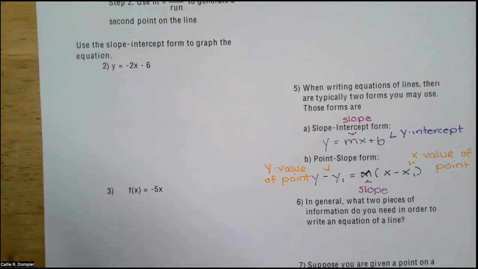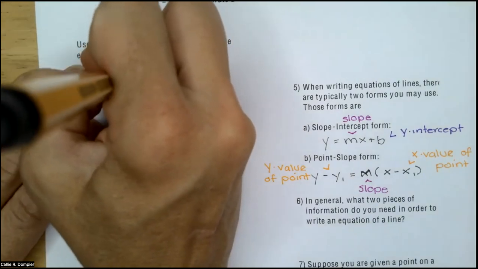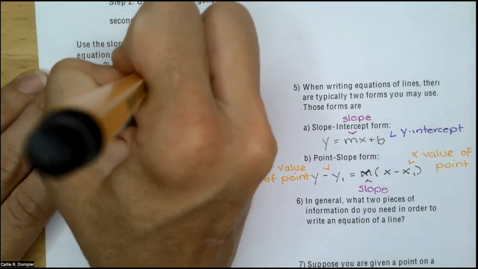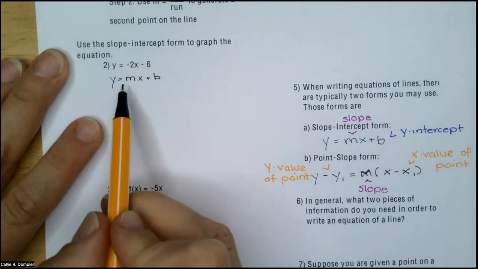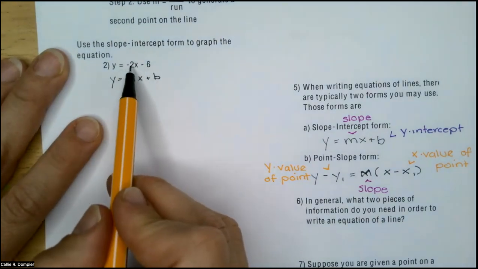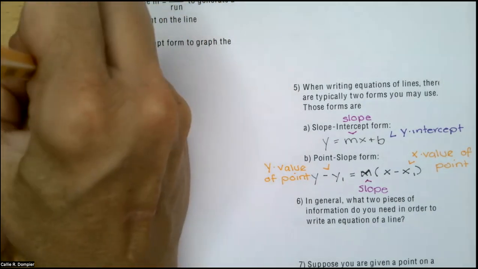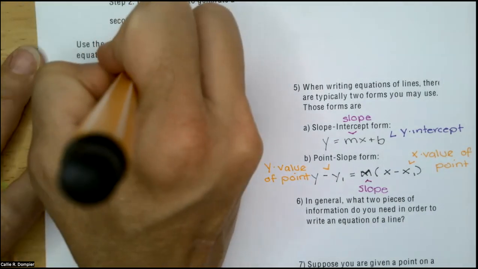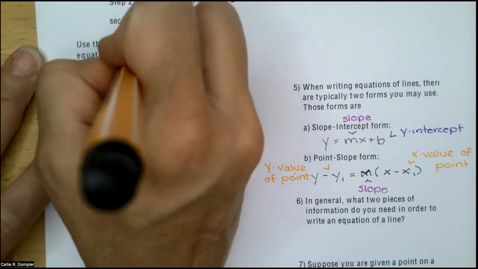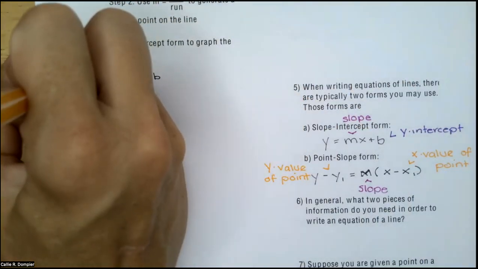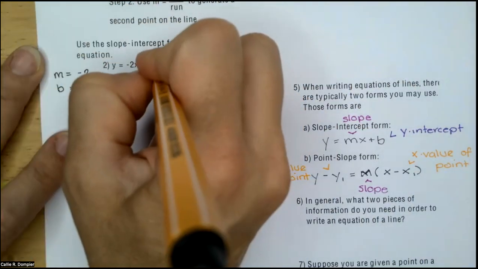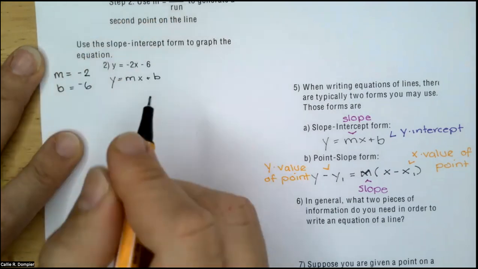Here, let's think about the slope-intercept form. Y equals mx plus b. Notice that m is positive and b is positive, but in this example, this 2 is negative and the 6 is negative. That means that my m, or my slope, is equal to -2. So we're going to include the negative sign. And then my b, or my y-intercept, is equal to -6, okay?